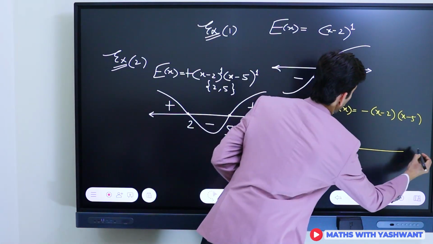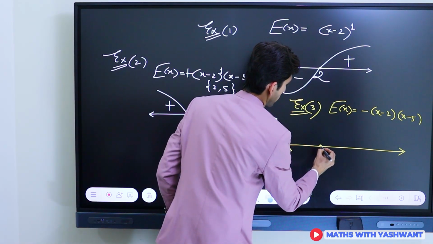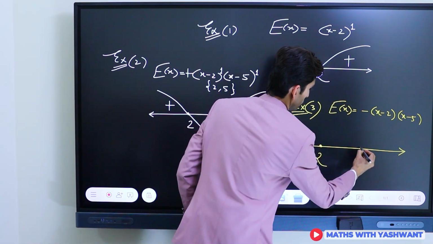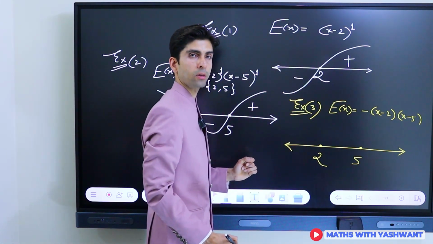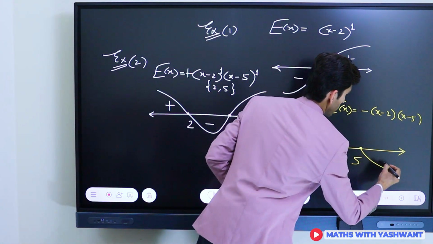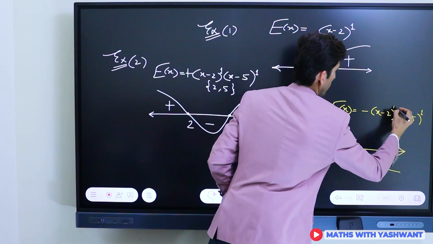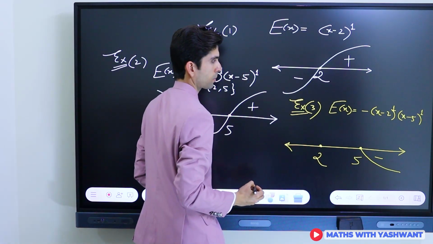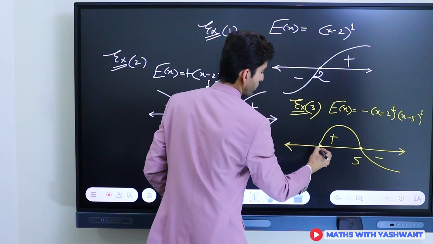So first of all, let's draw the number line. We mark the critical points using filled circles. 2 and 5 are the critical points. Now because we have a negative sign here, we start drawing the wavy curve from below the number line with a negative sign, and as all the powers are odd here, we have 1 for all the linear factors. The power is 1, which is odd. So we change the sign from negative to positive and from positive to negative.